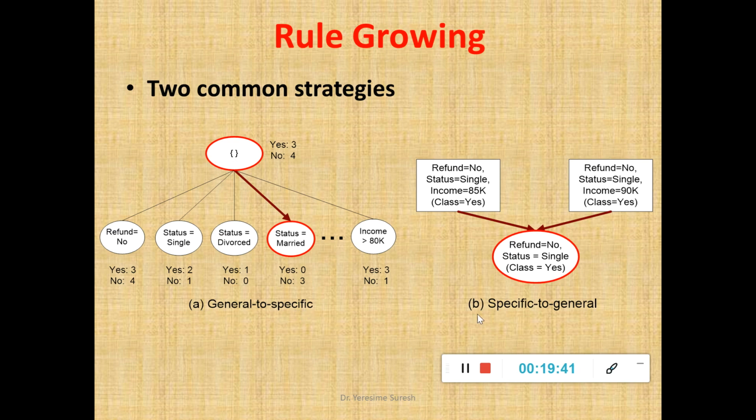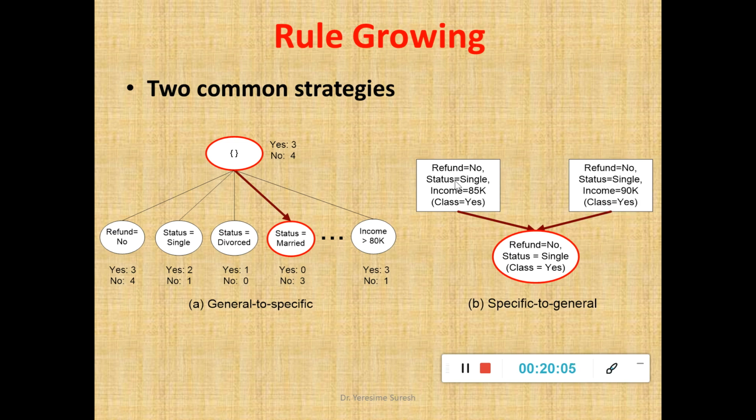The other approach is specific to general. The name itself indicates specific. You have the attribute value pairs, and from that you start generating the rules. So what are the specific attributes and conditions I have? Refund is no, status is single, income is 85k, then the class label is yes. There are other possibilities where refund is no, status is single, but income is 90k, and the class label is yes.